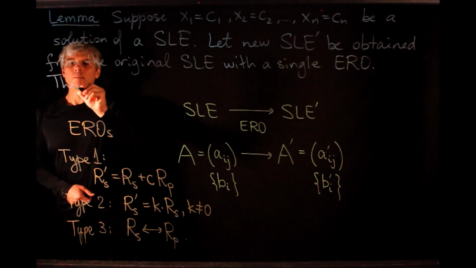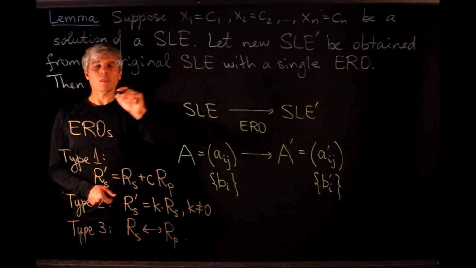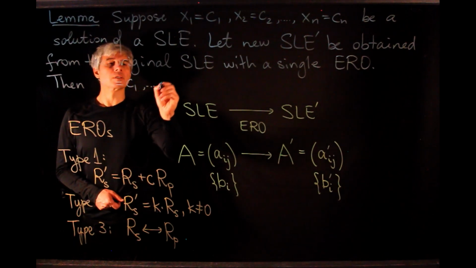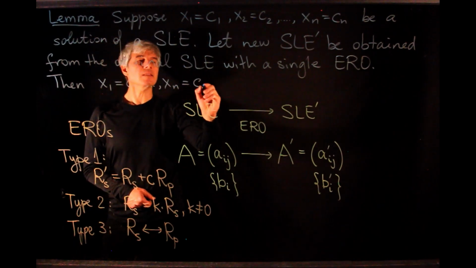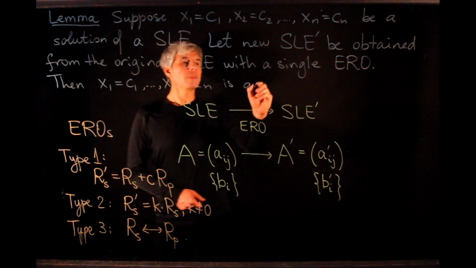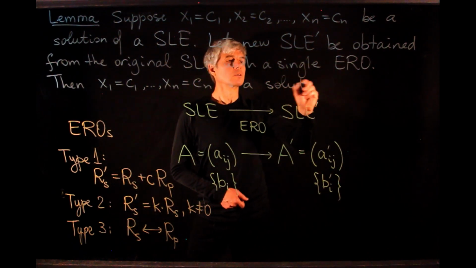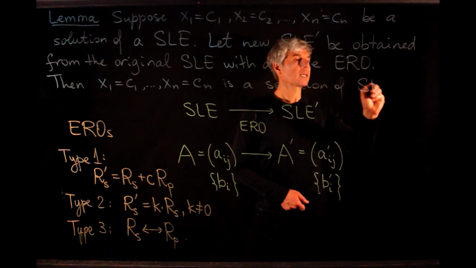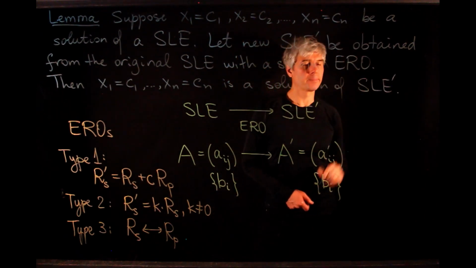Then the solution that we had, x1 equals c1, xn equals cn, is a solution of the new system SLE prime.